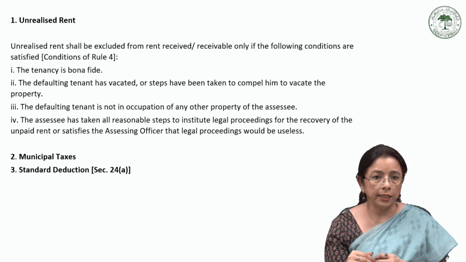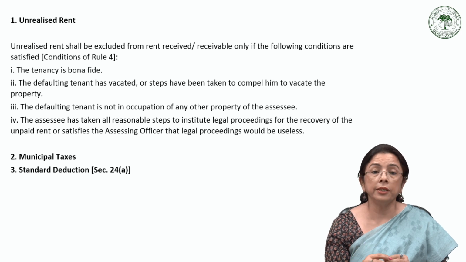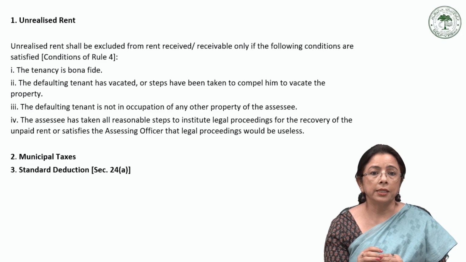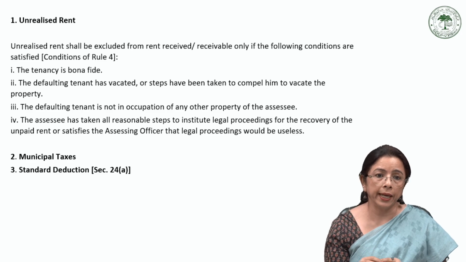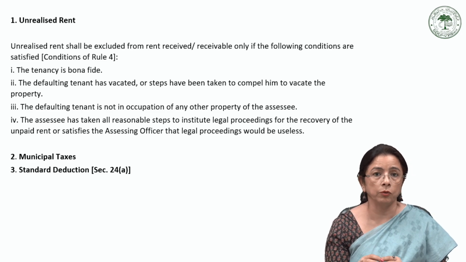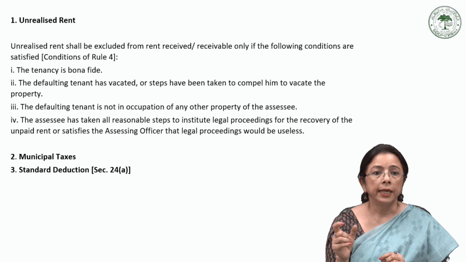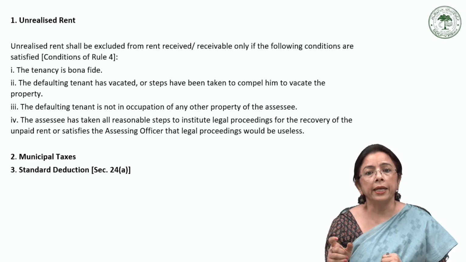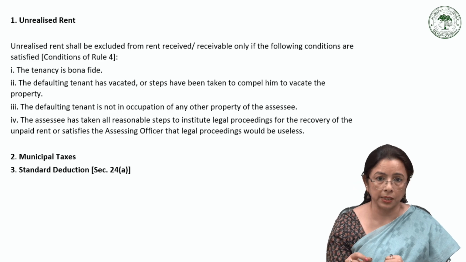Then another point that is allowed to be deducted is the standard deduction, 30%, as we said. It is as per section 24(a), 30% of net annual value, whatever is computed, it is deductible irrespective of any expenditure incurred or not incurred by the SSE.